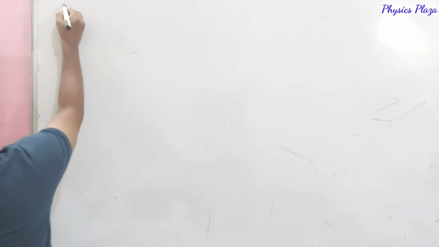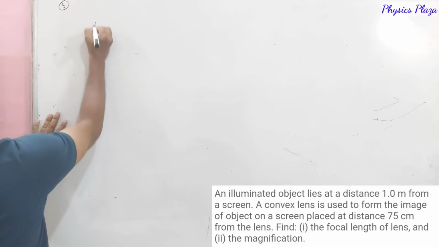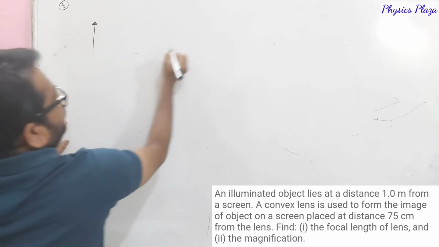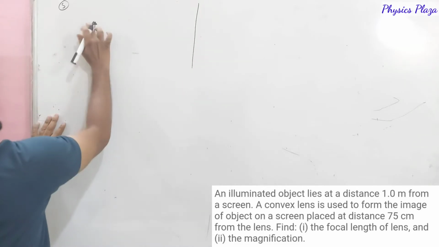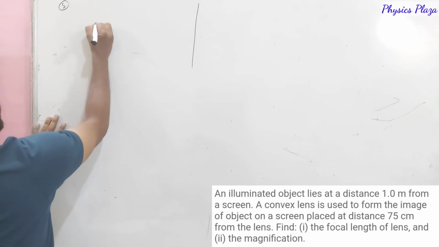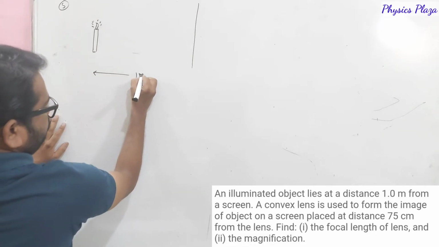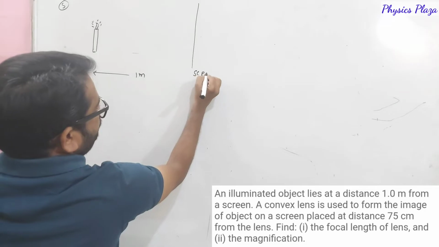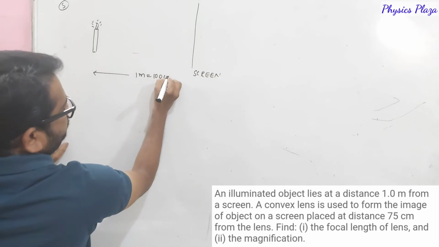Fine, children, here is question number 5. It is given that here is an object. Let us put an object, and this is a screen where the image is going to be formed. Let us say this is an illuminated object, such as a candle. The distance between the object and the screen is 1 meter, that is 100 centimeters.